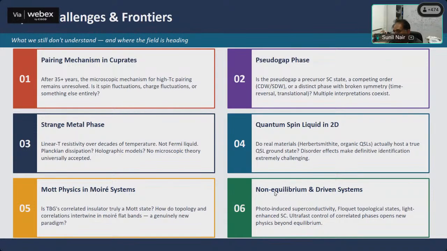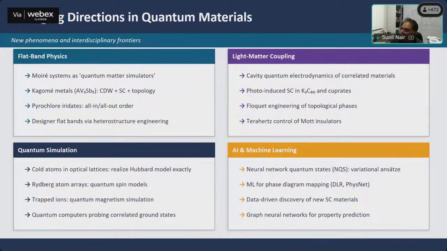And then also there's a lot of interest in non-equilibrium systems. That means you generate by an external perturbation a transient phenomenon. Examples can be photo-induced superconductivity and light-enhanced superconductivity and so on. And that then gives rise to a number of very different phenomena which are not typically available in equilibrium systems. So non-equilibrium systems have their own set of very useful physics associated with them.